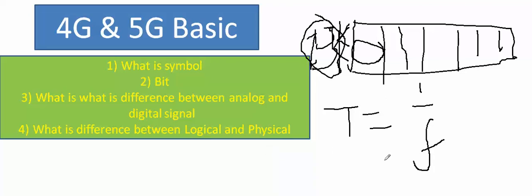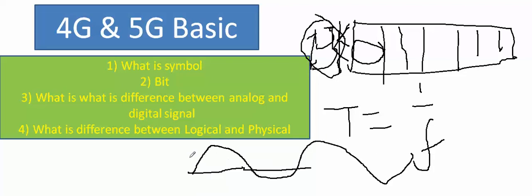The signal starts from the antenna and always travels as a sinusoidal or cosine wave. For example, it starts, and when one cycle is completed, from here to here, it's called a symbol.